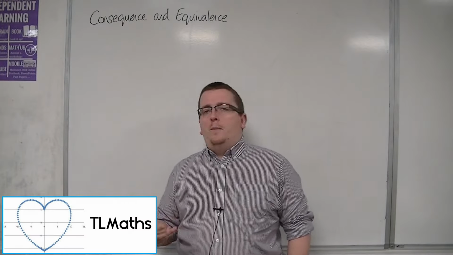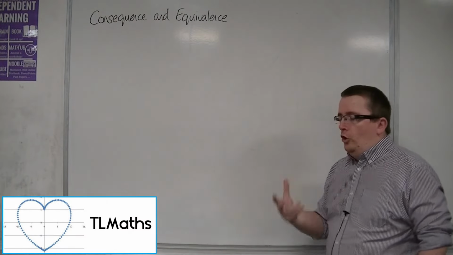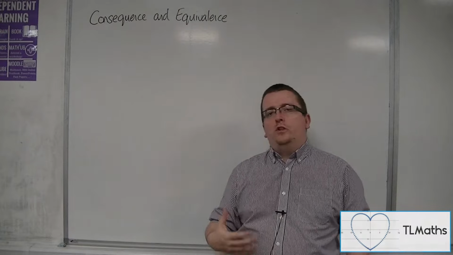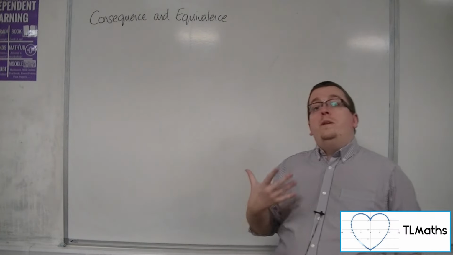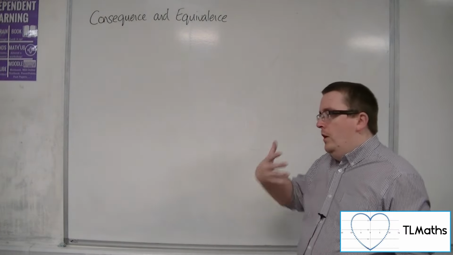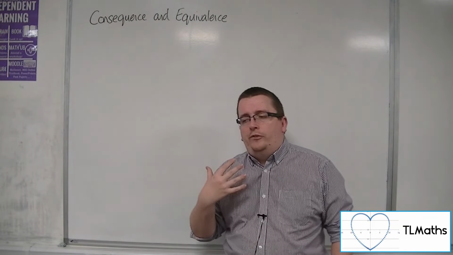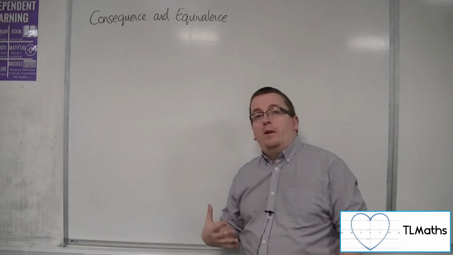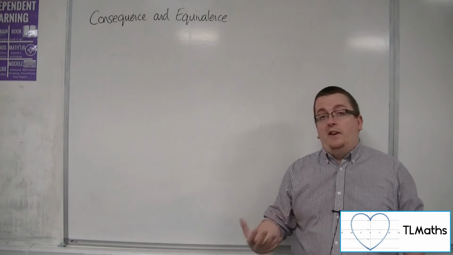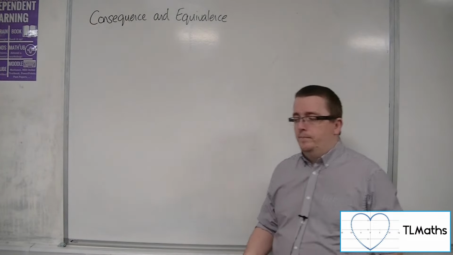When we talk about logical consequence and logical equivalence, what we mean is we're using particular arrows that allow us to show that one thing implies another, and perhaps vice versa.